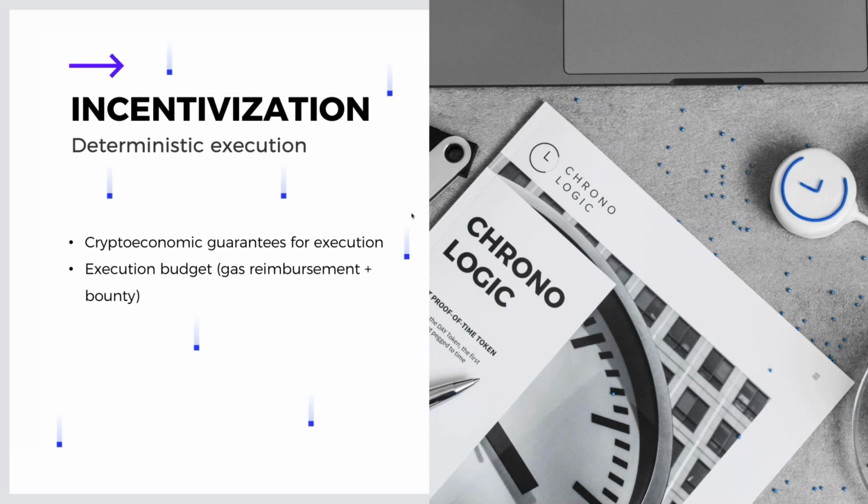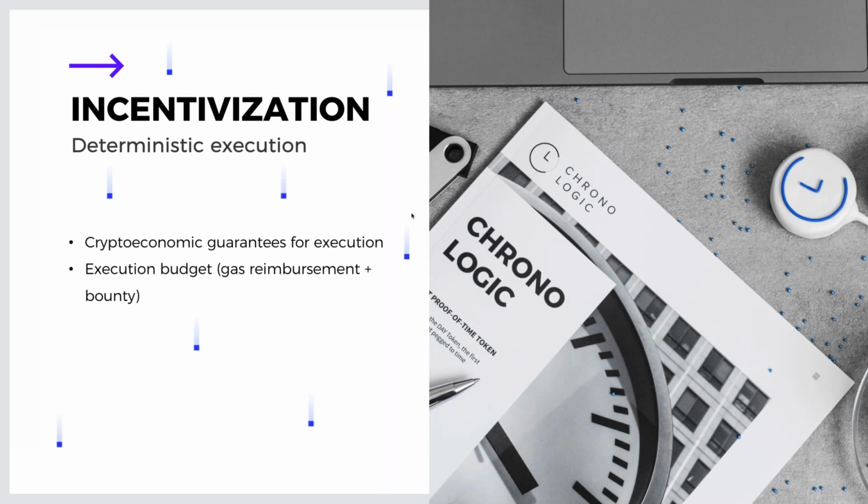So we have essentially incentivization, with two variations. The first one is the deterministic execution case, which means that we know when the transaction is supposed to be executed. With scheduling, we know exactly at what block, range of blocks, or time the execution should happen. Even though we know that, there is no 100% guarantee of execution.